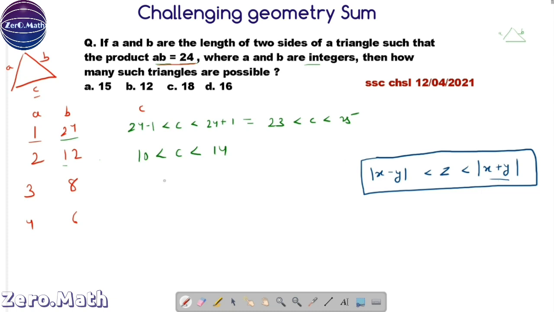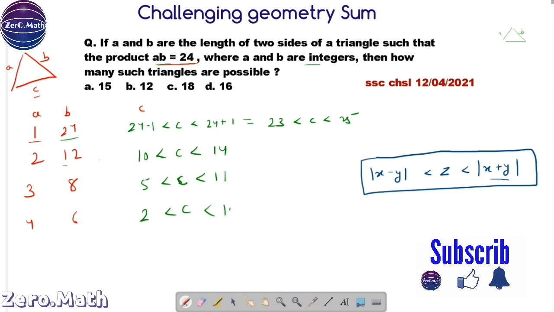In the next case, the value of C has to be greater than 8 minus 3, that is 5, and it has to be less than 8 plus 3, that is 11. And similarly, the value of C has to be greater than 6 minus 4, that is equal to 2. And it has to be less than 6 plus 4, that is 10.